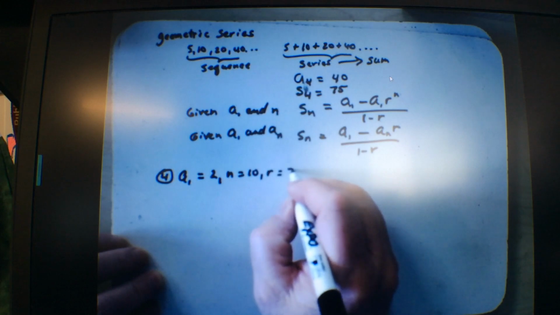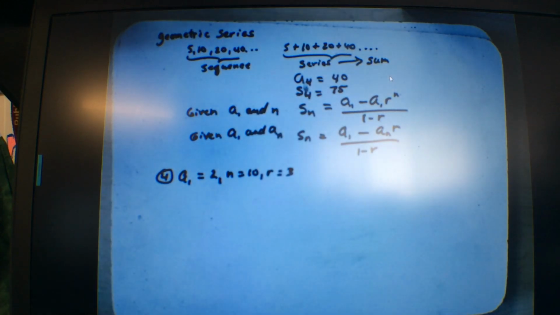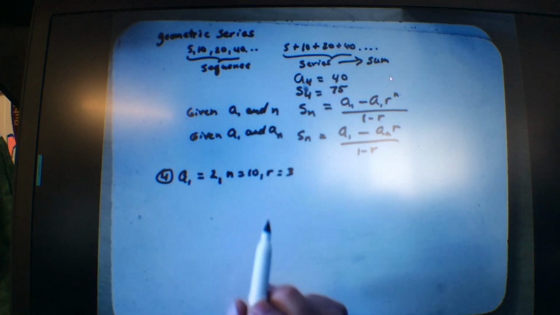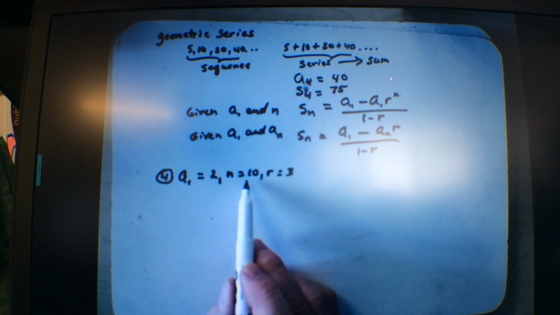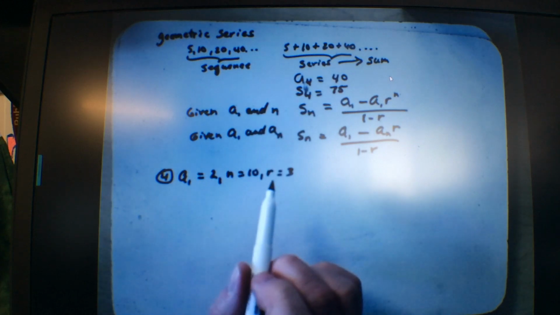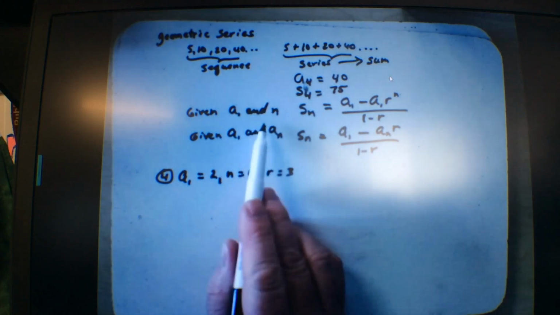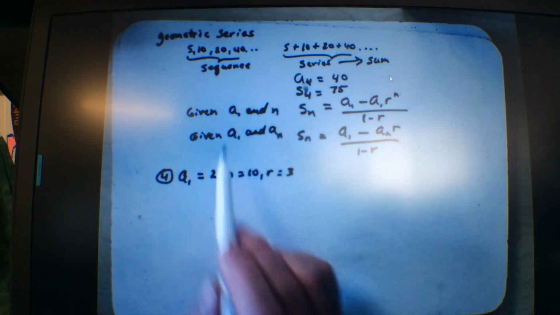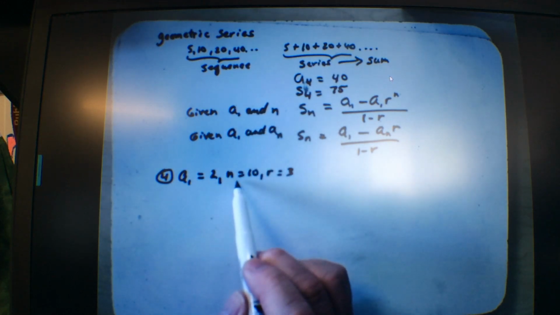And I want to find the geometric series. In other words, I want to add it up to the 10th term. Do you understand that? Which formula do I use? The top one. Because they gave you a sub 1 and they gave you n.